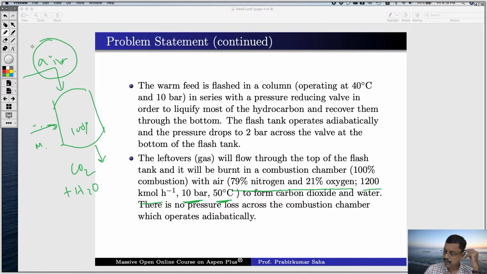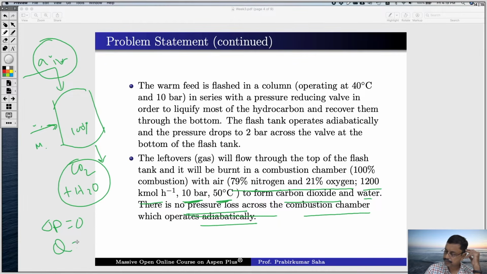Now it will form carbon dioxide and water, as I said already, and there is no pressure loss across the combustion chamber, which operates adiabatically. So there are two pieces of information hidden here: no pressure loss and operates adiabatically.